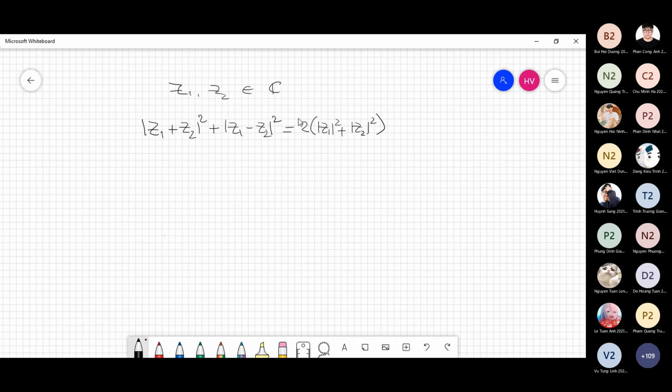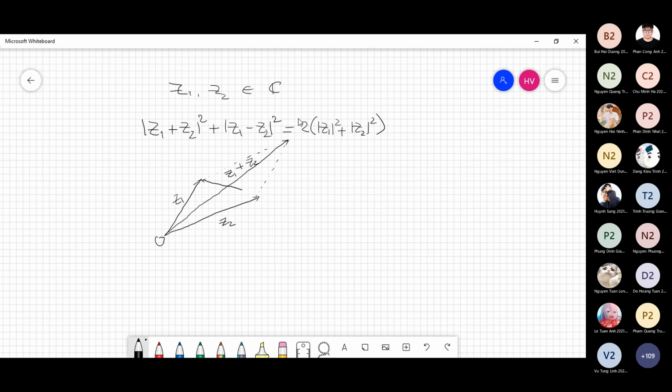Now we use vectors to represent it. So this is O, this is z1, and the other is z2. And then, using the parallelogram rule, this is z1 plus z2.